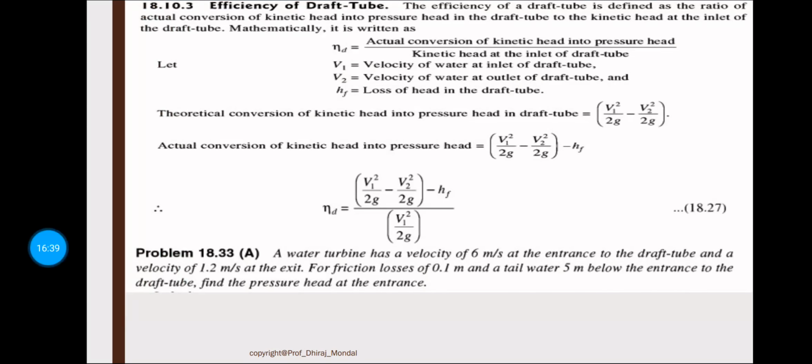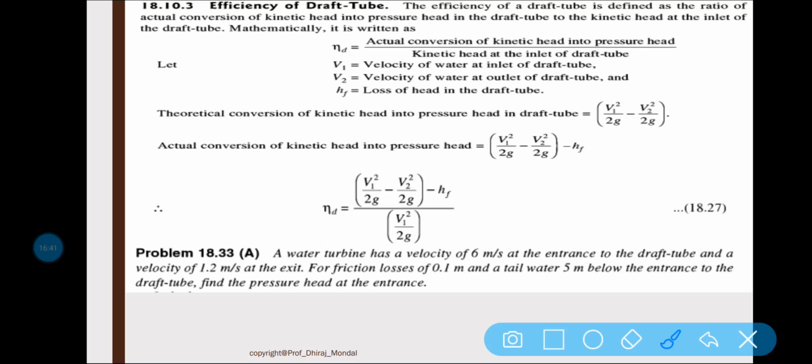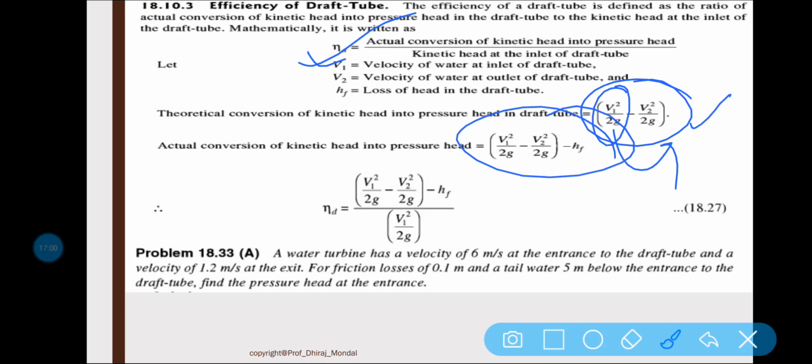Now the efficiency of the draft tube. The efficiency of the draft tube is the actual conversion of kinetic energy into pressure head divided by the kinetic energy at the inlet. The actual conversion of kinetic energy is V1 square by 2g minus V2 square by 2g minus Hf.